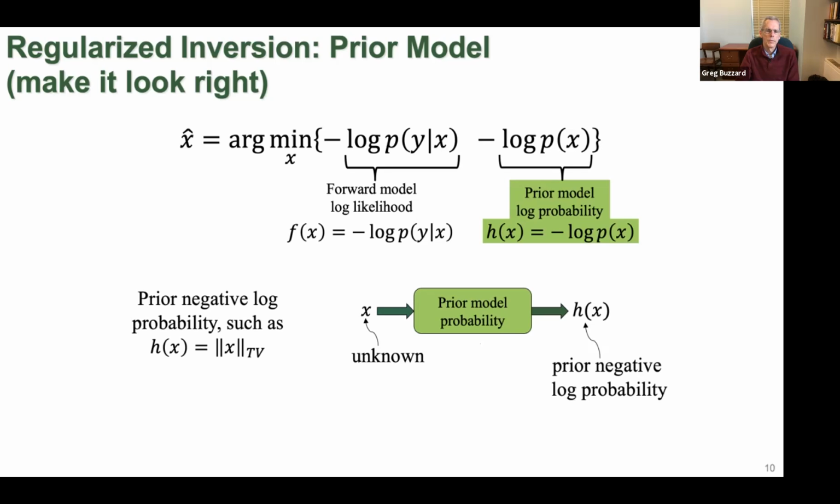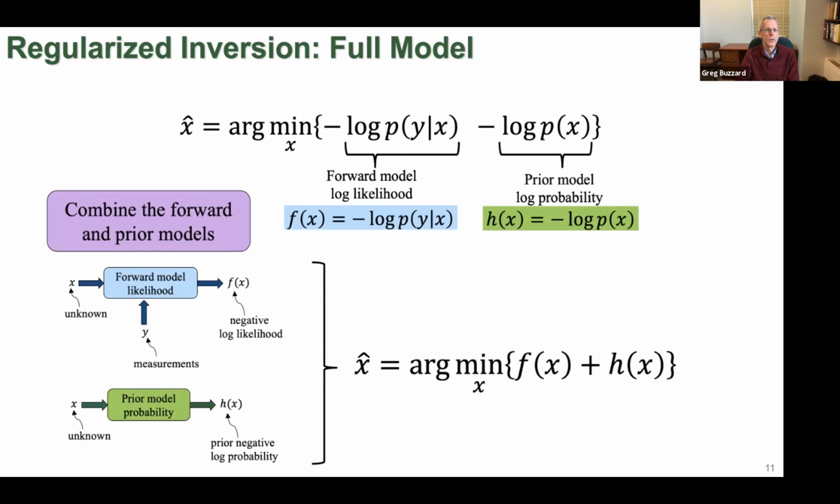But in this case, again, we have some kind of cost function formulation that is encapsulated by this prior negative log probability. Okay, so in the regularized inversion, the full model, we combine the forward and prior models and get a full cost function formulation where we minimize the sum of these. And depending on how you want to emphasize the prior versus the forward model, you can put a weighting term here, which can reduce or increase the strength of the prior relative to the forward data fitting model.